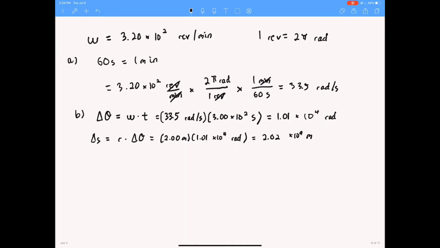Part C asks, the pilot opens the throttle and the angular velocity of the blade increases while rotating 26 times in 3.60 seconds. Calculate the average angular velocity during that time.